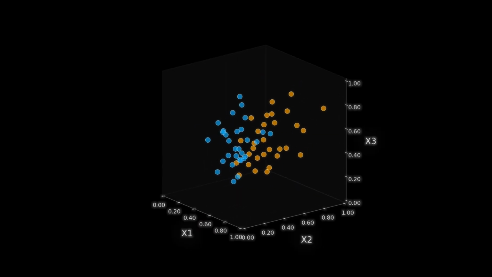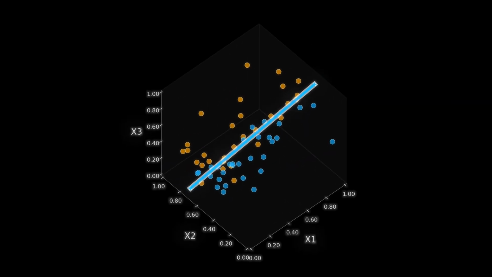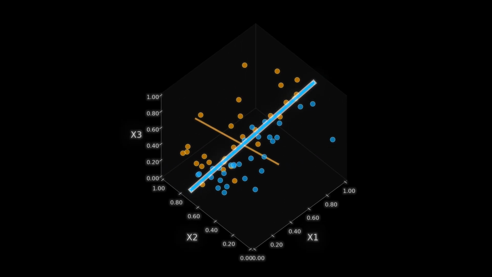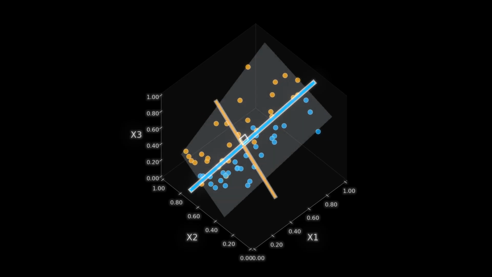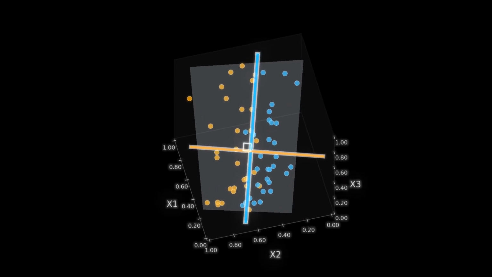So PCA asks which direction makes the shadow of the data as spread out as possible. And that becomes principal component 1. Then it asks again, but with a constraint: what's the next best direction that's orthogonal to the first one? And that becomes principal component 2 and so on.